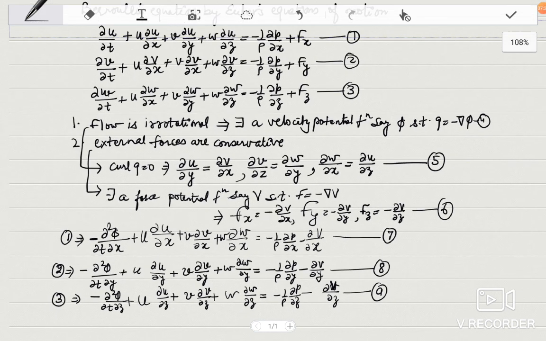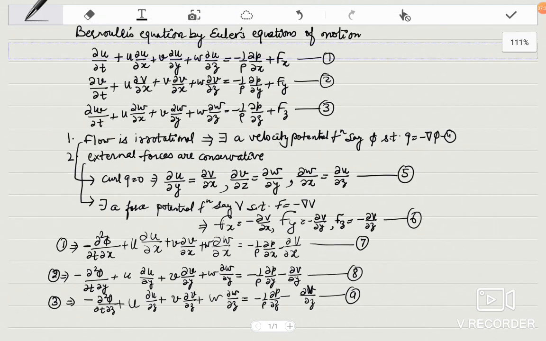Now what I'll do, I will multiply this 7 by dx, this 8 by dy and this by dz, and I'll add all these. So when I'll add these three terms, I'll take ∂/∂t outside and inside the bracket ∂phi/∂x dx plus ∂phi/∂y dy plus ∂phi/∂z dz.